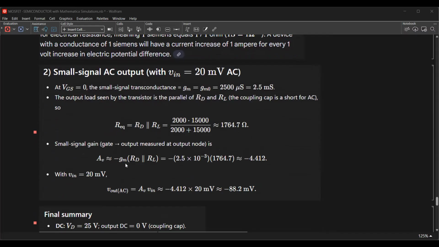Small signal gain, we have negative gm times RD parallel to RL. So this is negative 2.5 times 10 to the negative 3 times 1764.7 ohm. That is negative 4.412.